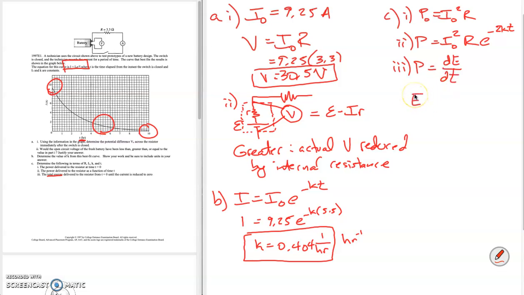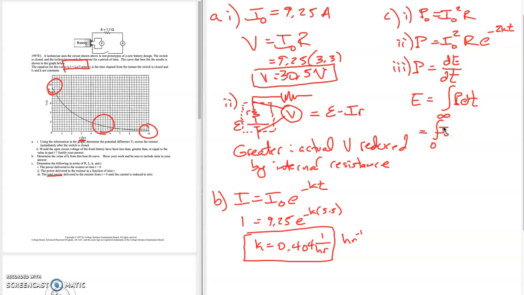So energy is going to be the integral of power, and that's power, not momentum, so we should probably make this be a capital P for all of these, dt. So what's the power? Here's our expression for power. That's why they had us do C part 2 first, so that we could just take this whole thing and plug it in there for power. And we're going to go from 0 to infinity.